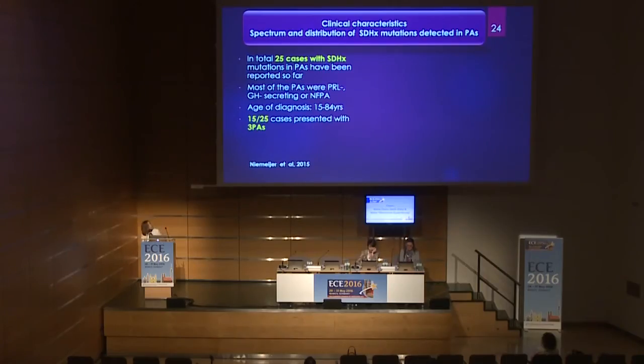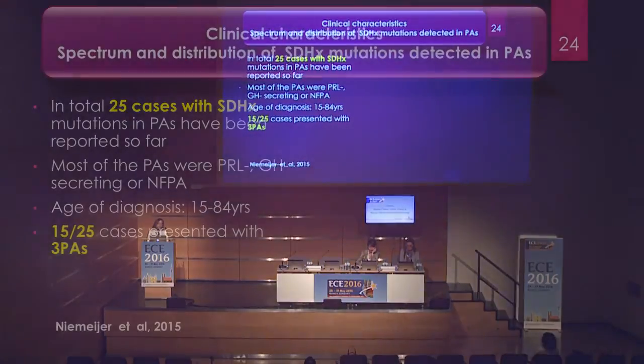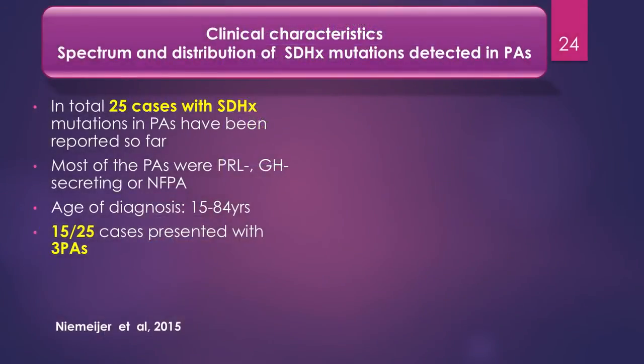And then other reports from the Netherlands this time. In one of them, they reviewed all the 25 cases with succinate dehydrogenase mutations in pituitary adenomas that have been reported so far. And they found that most of these pituitary adenomas, again, may be prolactin, GH secreting, or non-functioning pituitary adenomas.